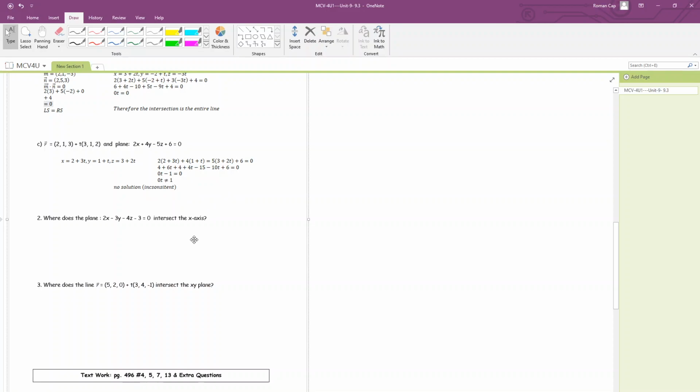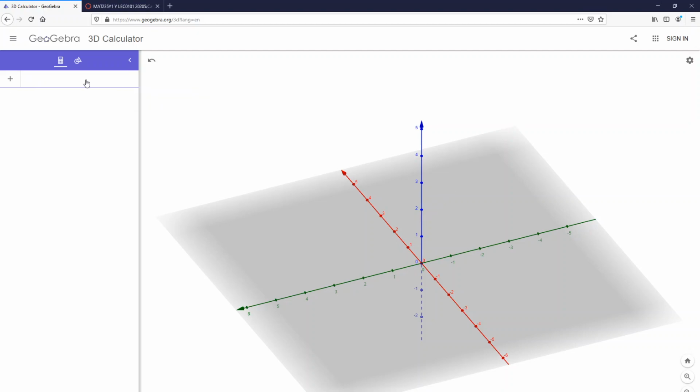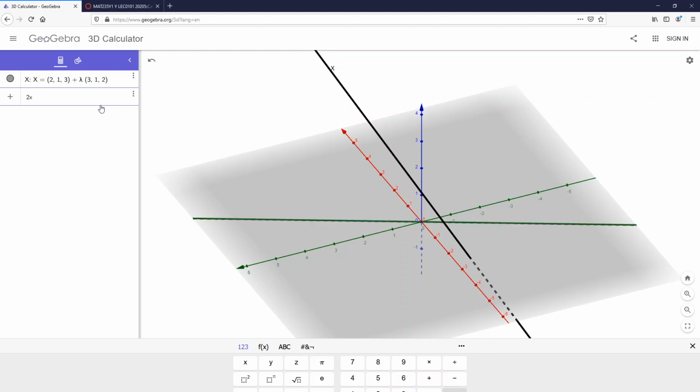So we'll actually graph this so you can understand that the line and the plane are never going to intersect. So we have the line. Okay, so there's the line, and then we're going to have the plane.